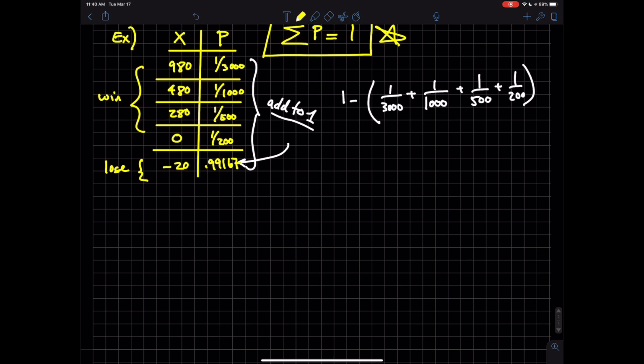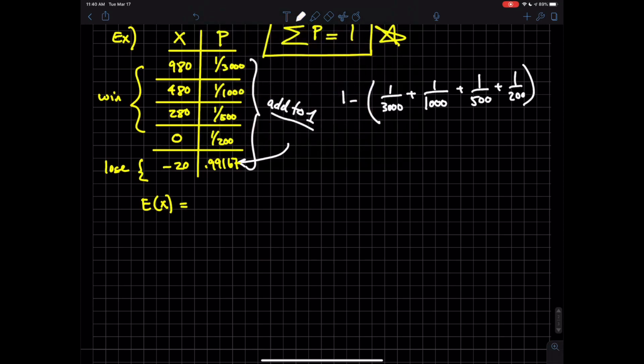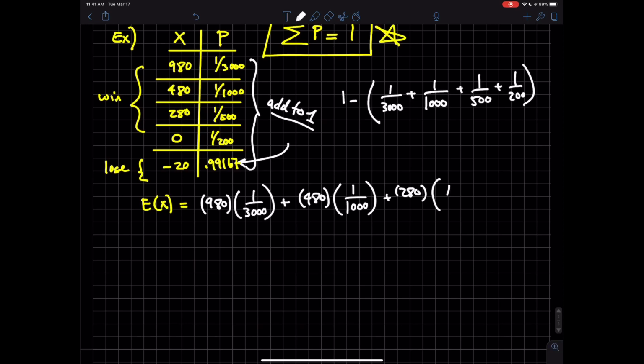Again, I'll do this traditionally for you guys. The expected value here will be the sum of all my x times p. So it'll be 980 multiplied by 1 over 3,000, plus 480 multiplied by 1 over 1,000, plus 280 multiplied by 1 over 500, plus 0, obviously, and plus -20 multiplied by 0.99167.